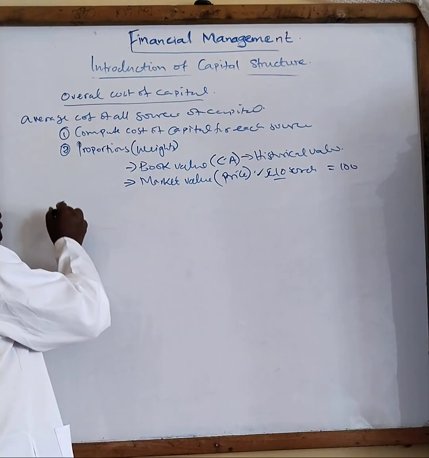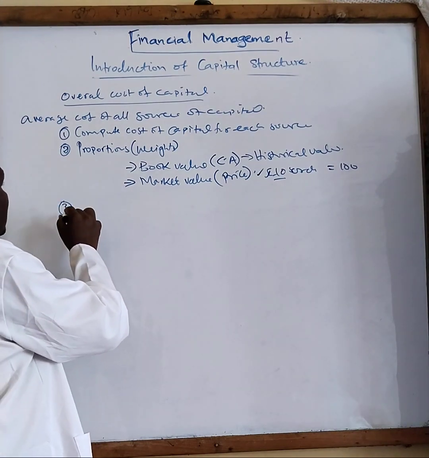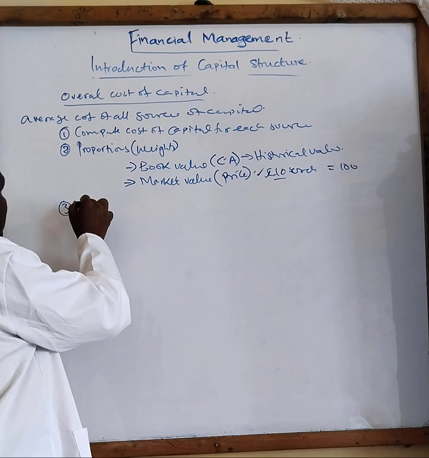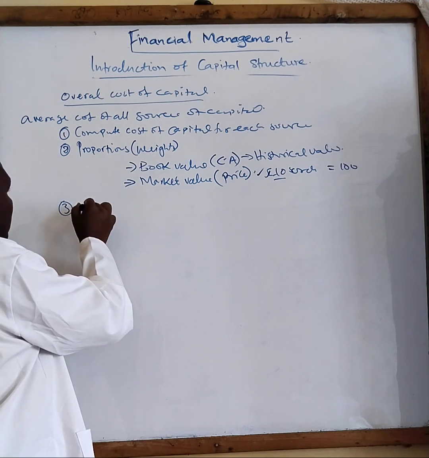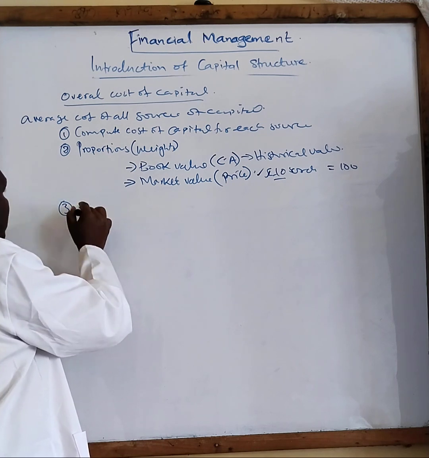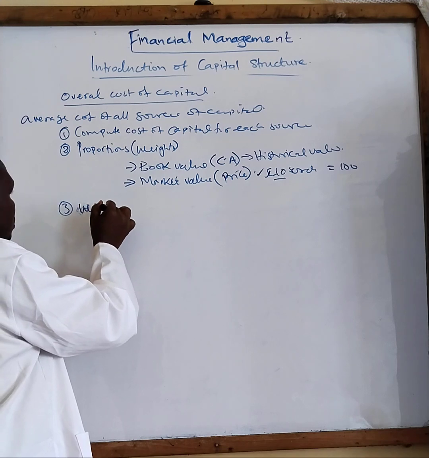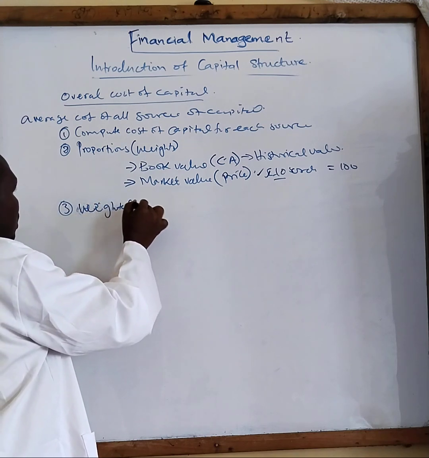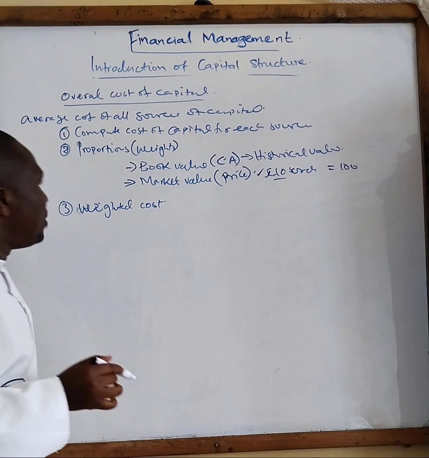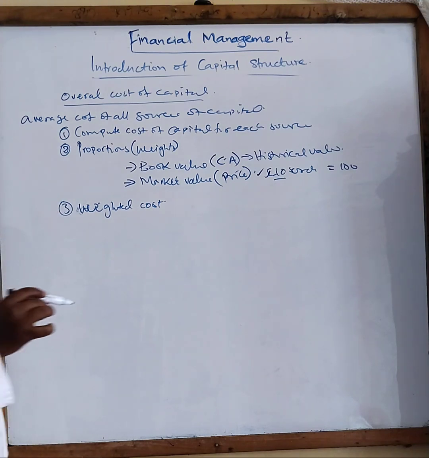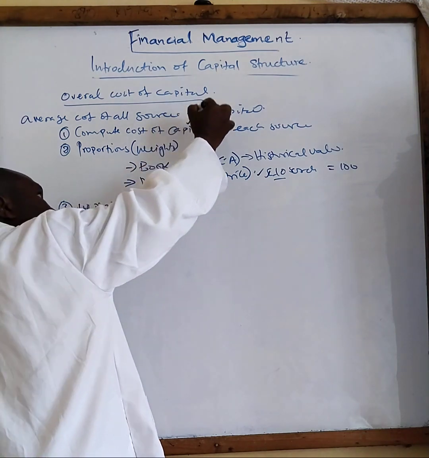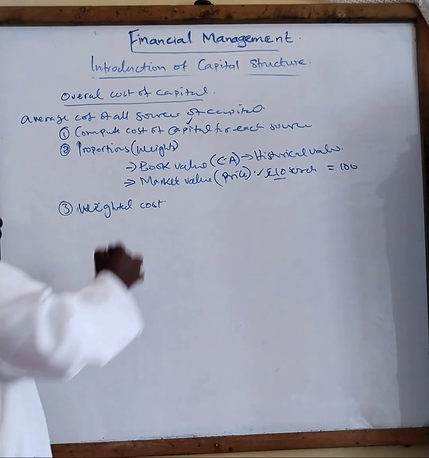Then number 3, the third stage, is calculate the weighted cost. Determine the weighted cost, meaning that you already have the cost of capital, then you have the weight.